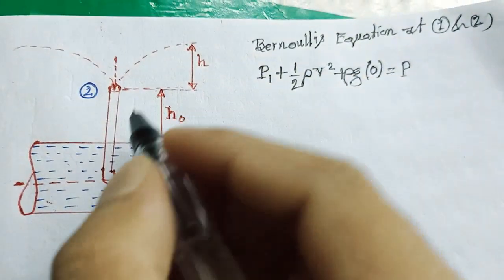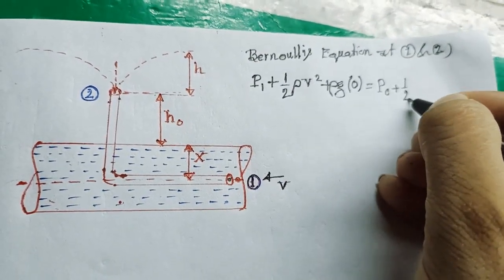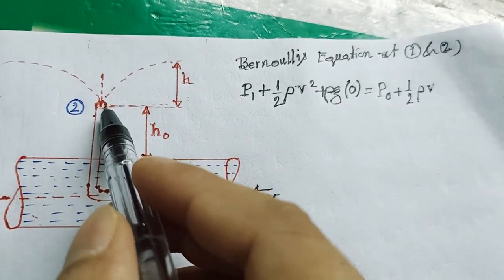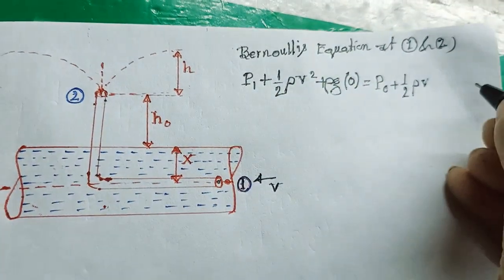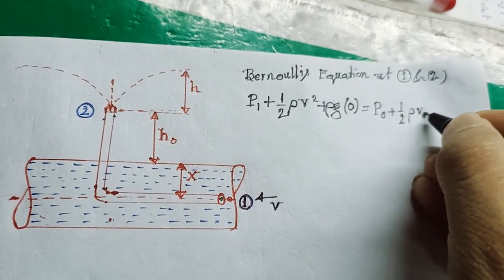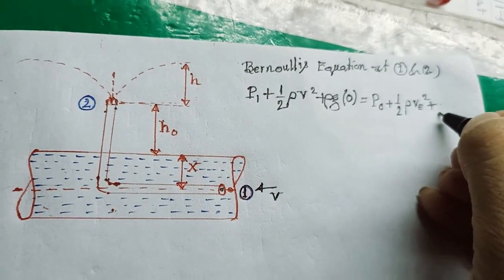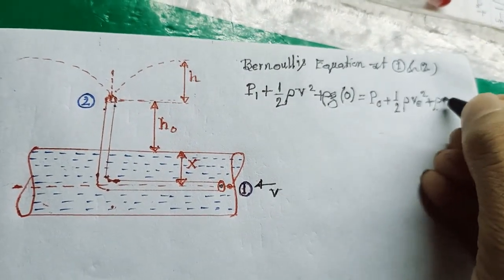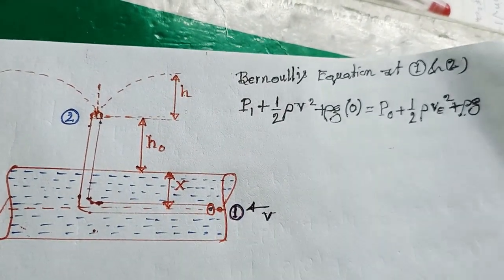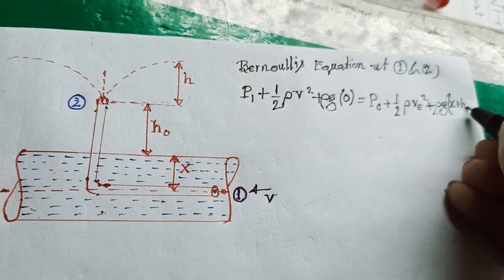P2. Now P2 is atmospheric pressure, that means P naught plus half rho v e, where v e means velocity at the point 2, which is equal to the velocity of efflux, that is v e square, plus rho g, and total height difference between point 1 and 2, which is x plus h naught.